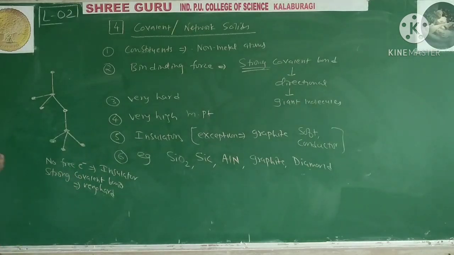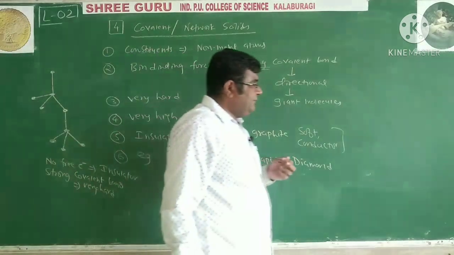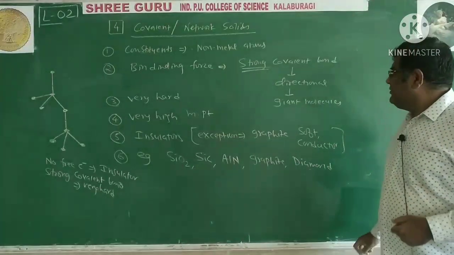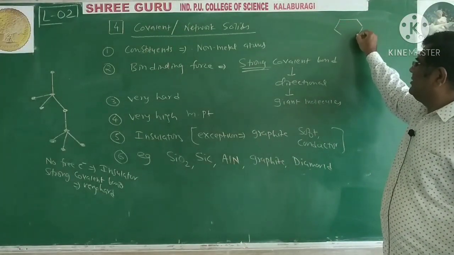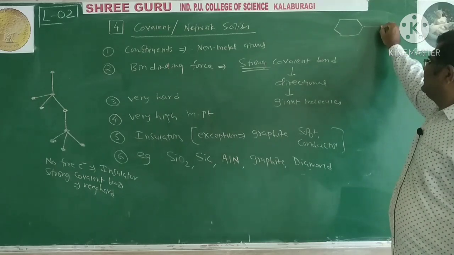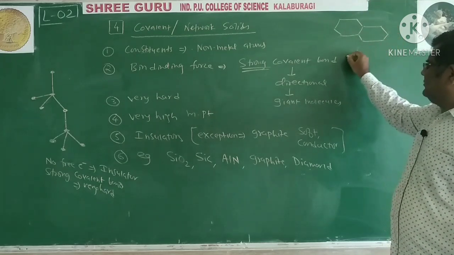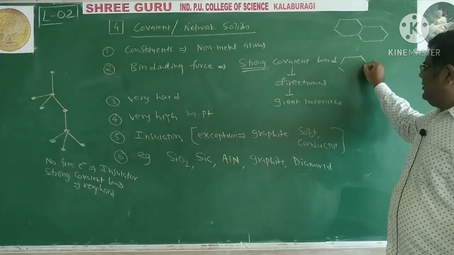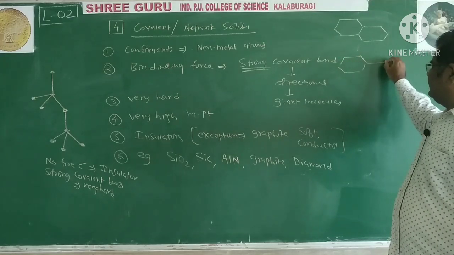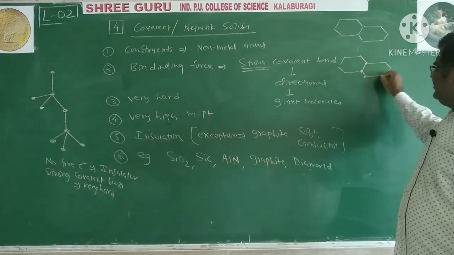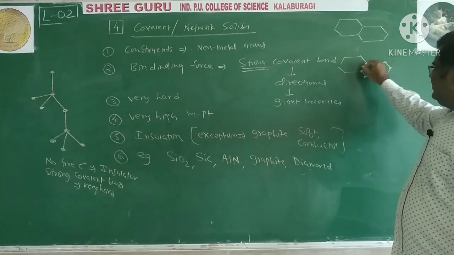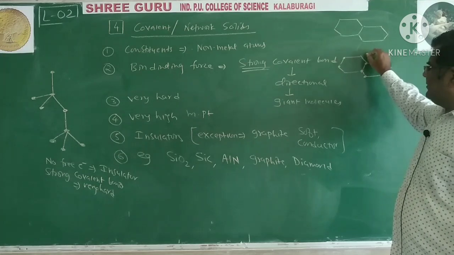Right? It's about diamond. For graphite, the structure you are learning in the first year. These are the hexagonal rings. These are the carbon atoms arranged in hexagonal rings.